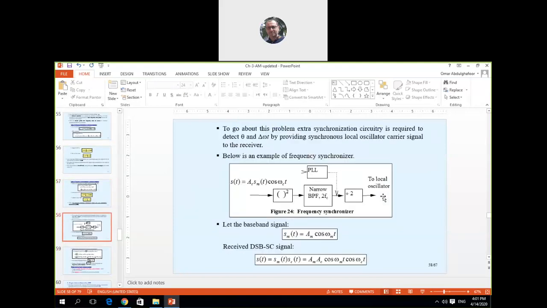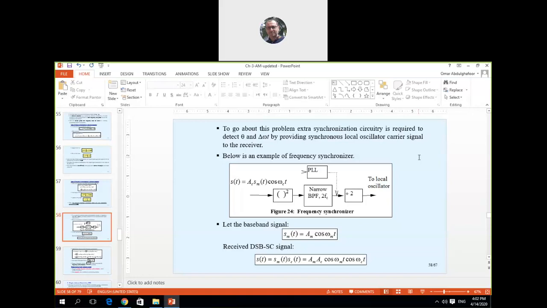How can we recover from this problem? Do we have some technique to fix these problems? The answer is yes. We can use this block diagram. We are going to solve the problem, but we have to pay a higher price because the cost will keep increasing by using a series of circuits to synchronize the carrier frequency and the modulating signal at the receiver with the modulated signal.